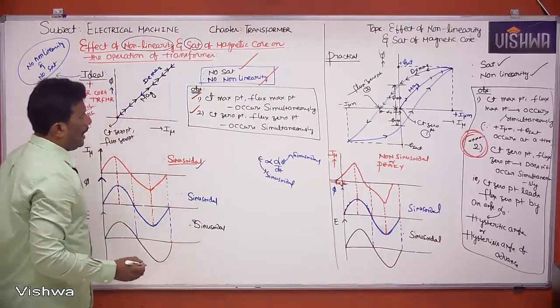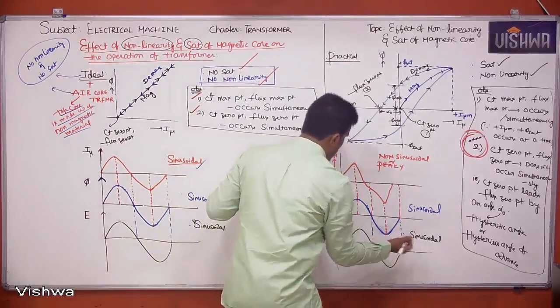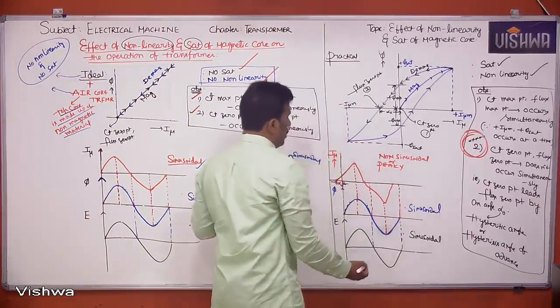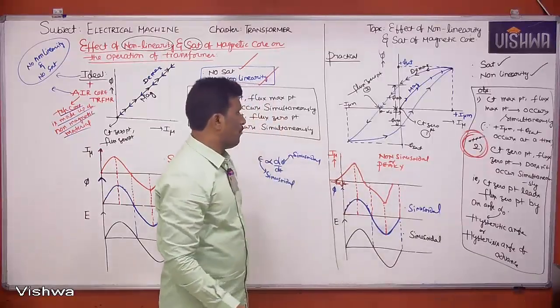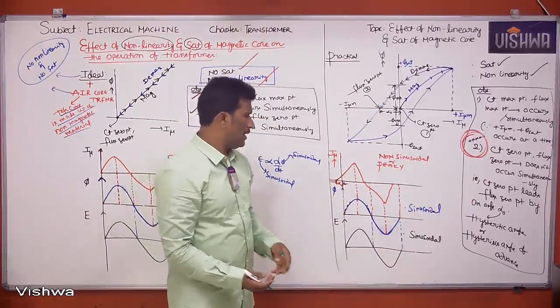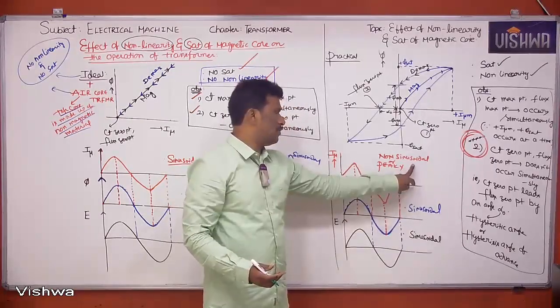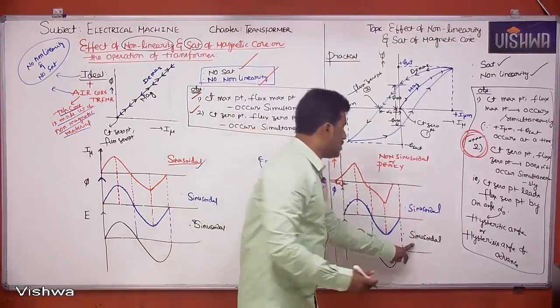Practically, if you want sinusoidal EMF and sinusoidal flux waveform, what is the shape of the IMU waveform? Non-sinusoidal. What is the meaning of that?